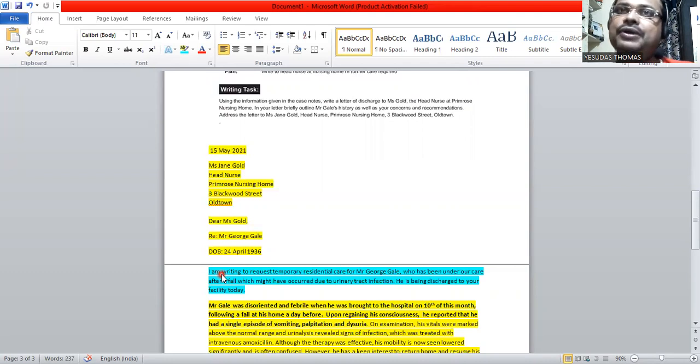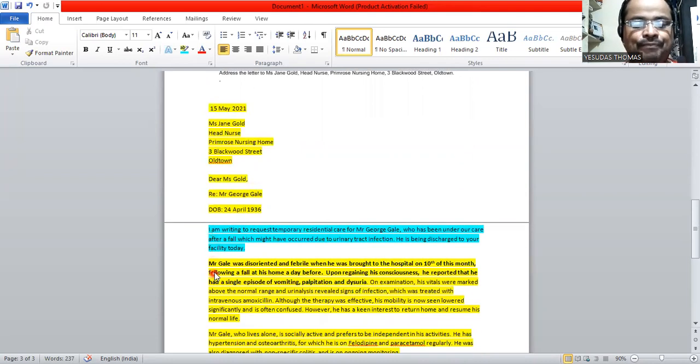Oh, what happened to him? Why did he fall down? This might have occurred because he had a urinary tract infection. When he's going to get discharged, when he's coming here, oh, he's coming today. Okay, so it's simple, and we have completed it in 2 sentences there.